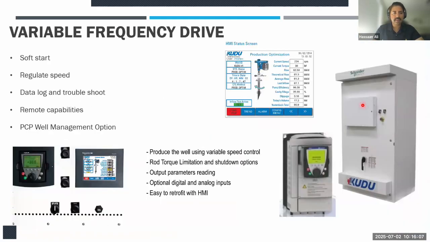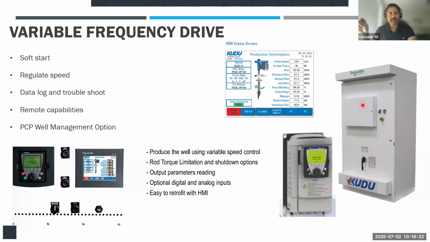Now, the next system is what we call a variable frequency drive. Variable frequency drive performs different functions. The first one is a soft start, so it makes sure that you can start your PCP at a very low RPM, and then you can actually start ramping your RPM. It regulates the speed. So if you set up a particular speed in your PCP system, it will regulate that speed.